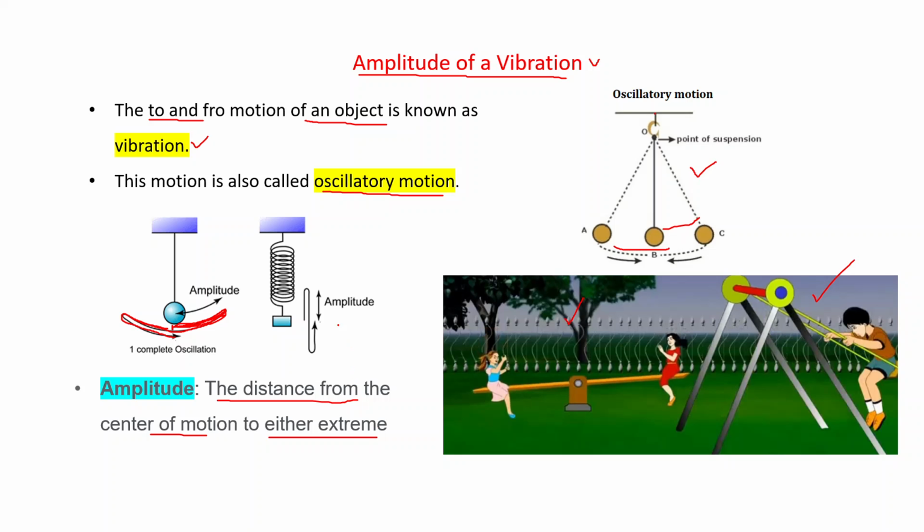You can also understand this amplitude if we consider the motion of this spring. This is our center position, and this is the extreme distance on one side and this is the extreme distance on the other side. From this to this is called amplitude.